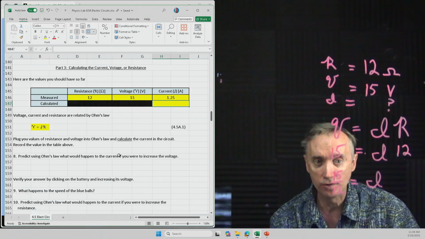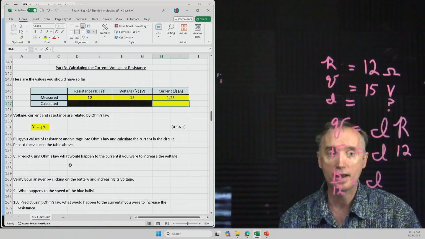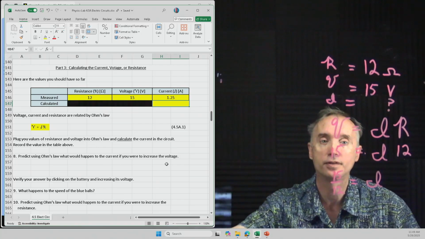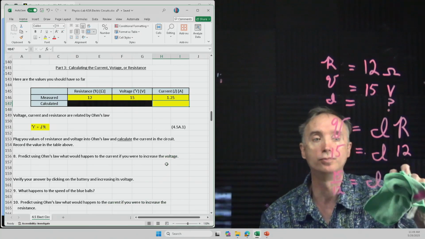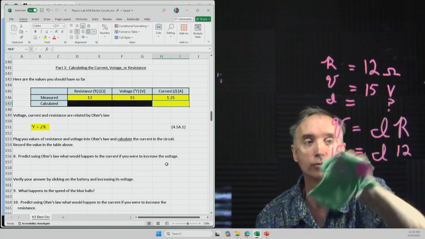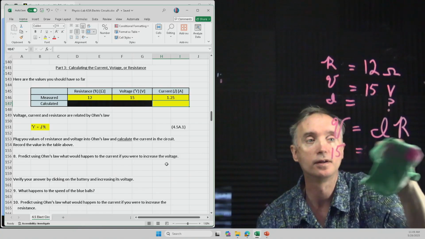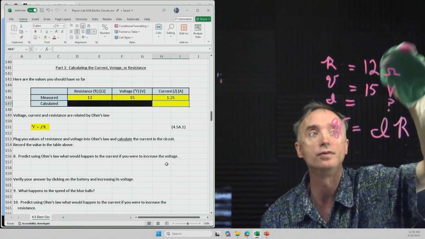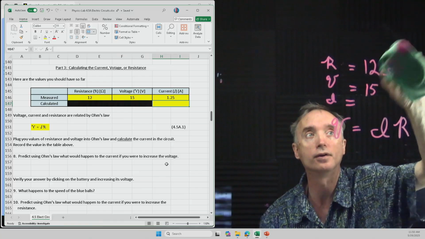Okay, now it also is going to ask you to predict what's going to happen to the current if you were to increase the voltage. So let's take a look at that for a moment here. I'm going to erase all of this, and then let's just go back to this formula here.